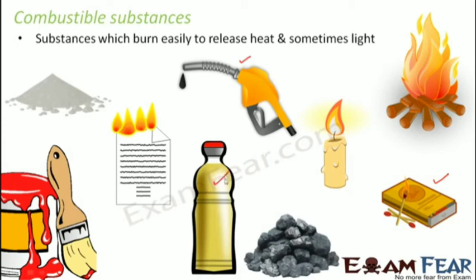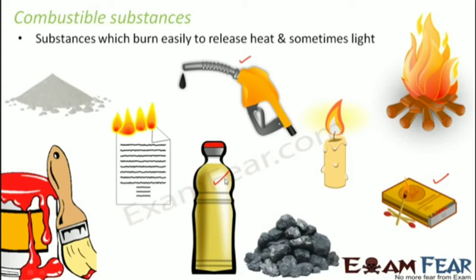They very easily catch fire. That is why you would have seen that at petrol pumps people are not allowed to smoke. Why? Because the chances are very high that if somebody leaves a burning cigarette or a matchstick there, the petrol will catch fire. So that's why it is not allowed.